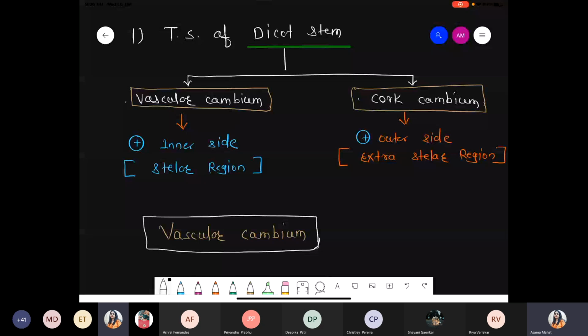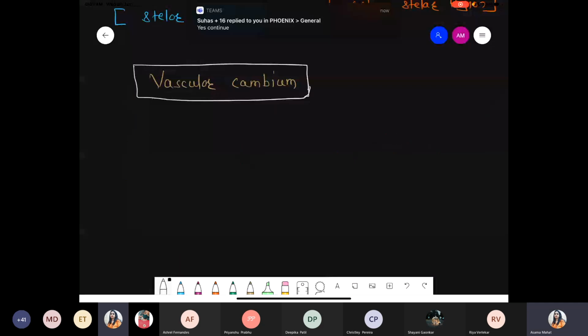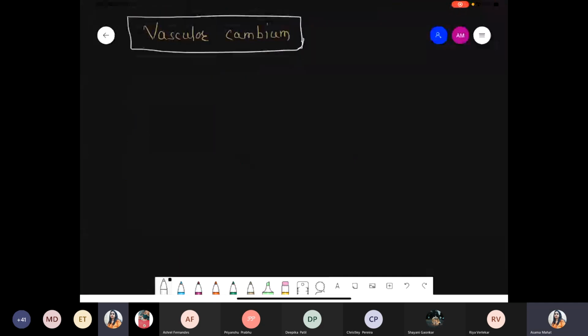Chalo, should I continue? Just check the part intrafascicular cambium and the interfascicular cambium. Just quickly open and check that part. Under the lateral meristem, हमने दो cambium देखे थे, intrafascicular cambium and the interfascicular cambium. So quickly check that part. बिकॉज हम वहीं से स्टार्ट करेंगे. चलो.